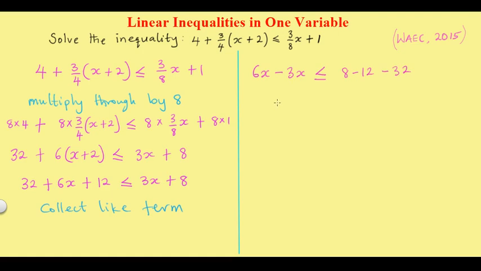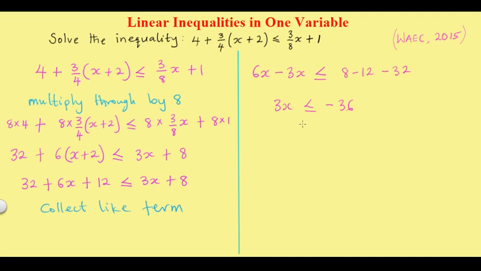So this gives us 3x less than or equals to, when you subtract 12 from 8, you get negative 4. Negative 4 plus negative 32, that's negative 36.